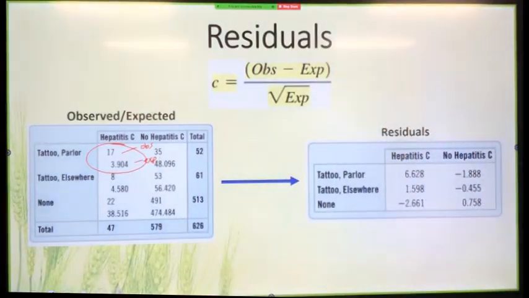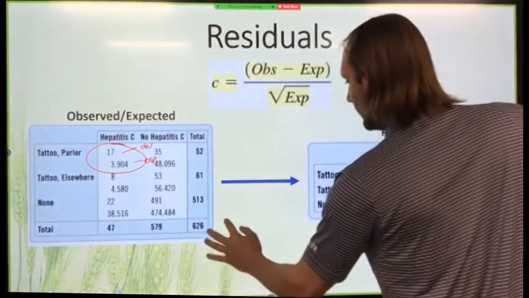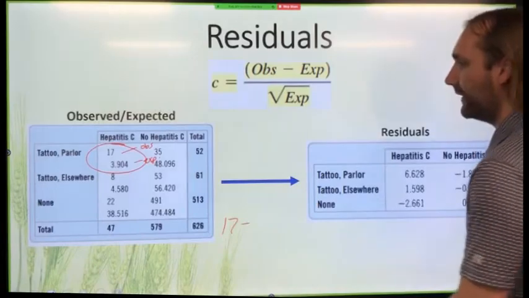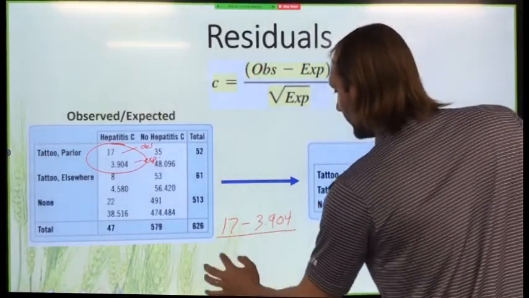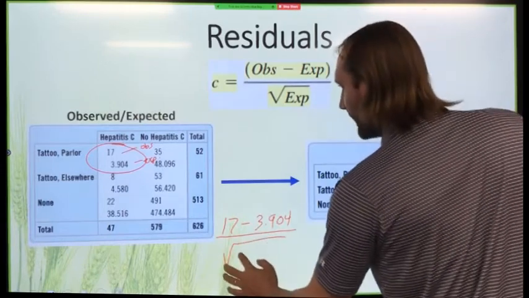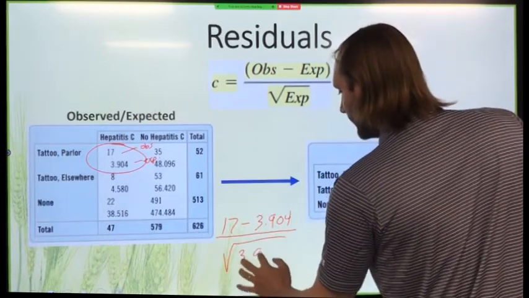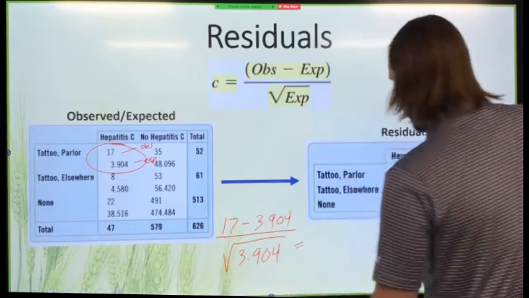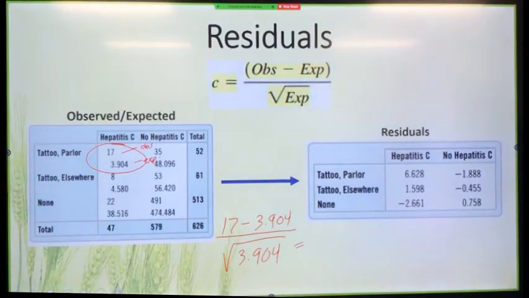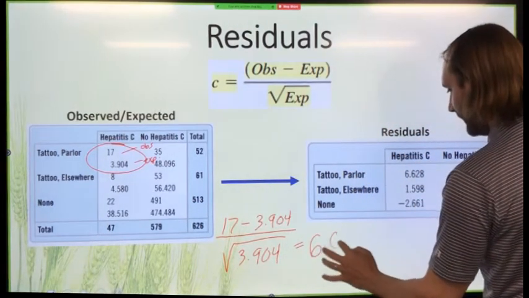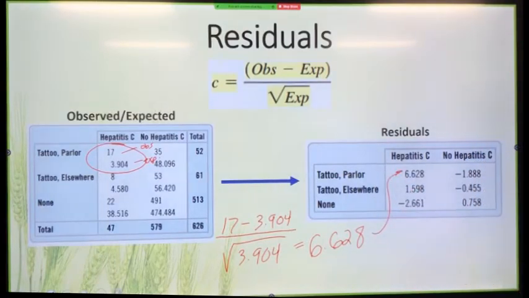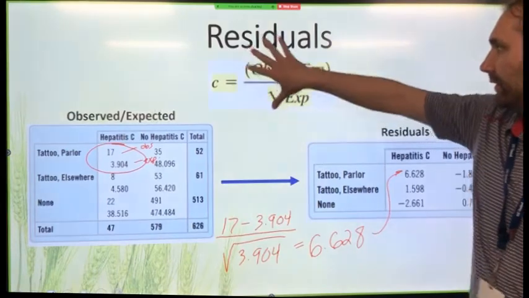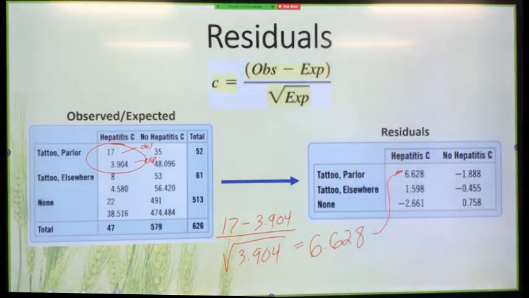So I'll have observed 17 minus my expected 3.904, divided by the square root of expected 3.904. And that should equal 6.628 right here. So here's my observed expected table. Doing my formula here gives me my residual table.